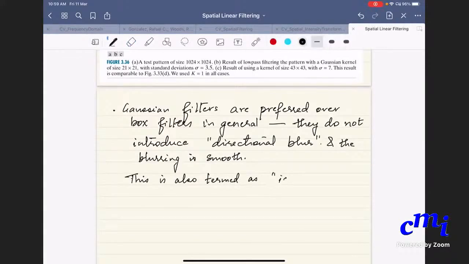Isotropic kernel means a kernel whose action is independent of the orientation. So you don't get artifacts like this, because there are no preferred directions or anything. The kernel is circularly symmetric, and so there is no preferred orientation. So this is independent of orientation.